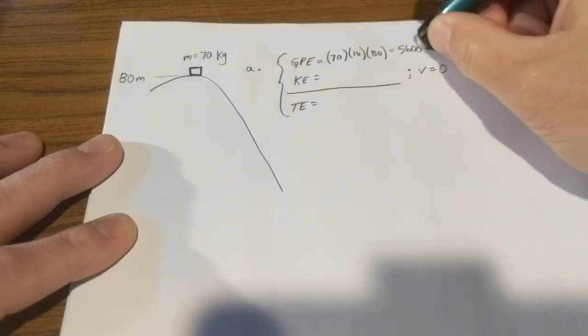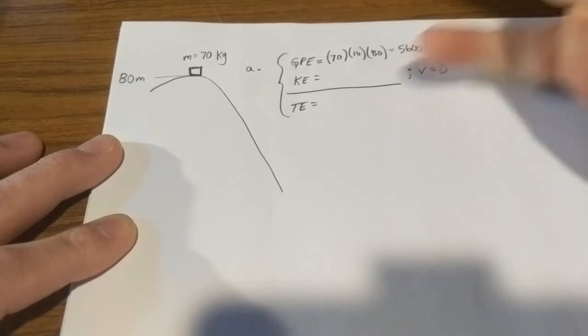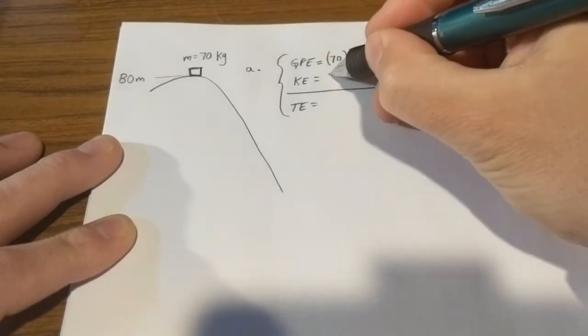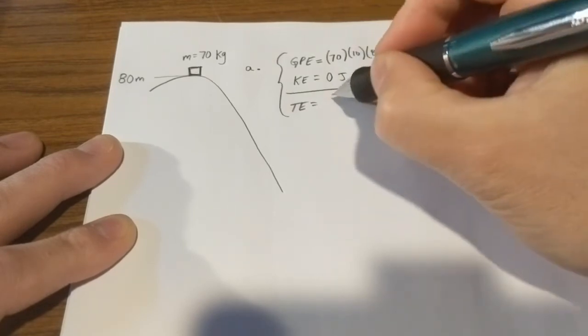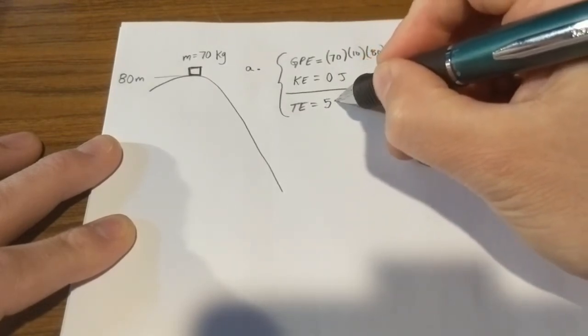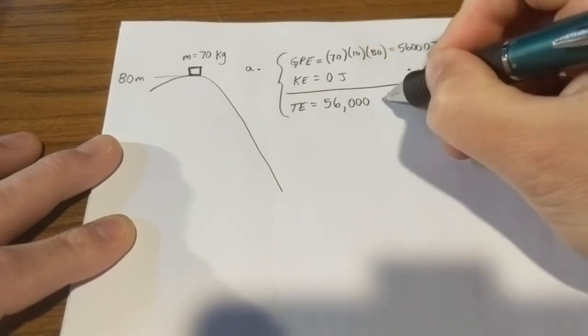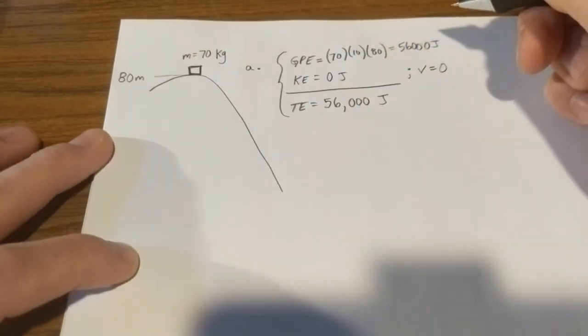We also know that since its velocity is 0, it has no kinetic energy, meaning that the total energy of the roller coaster here and anywhere else must be 56,000 joules.